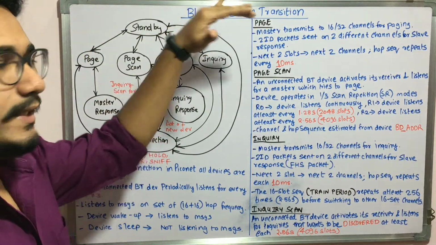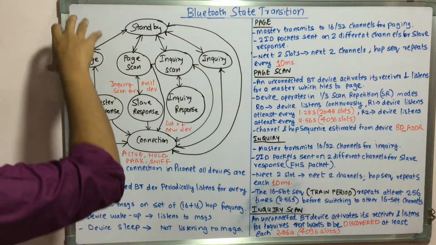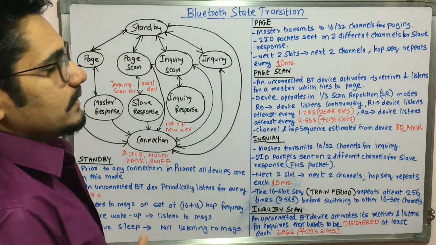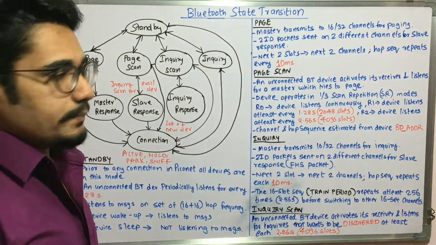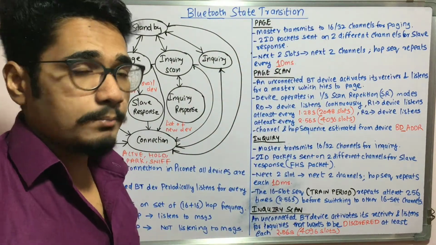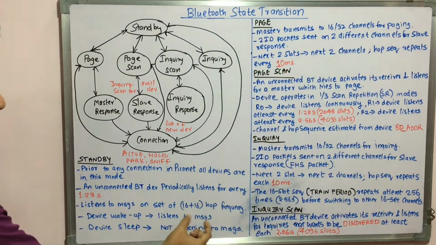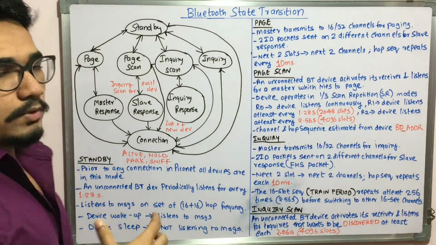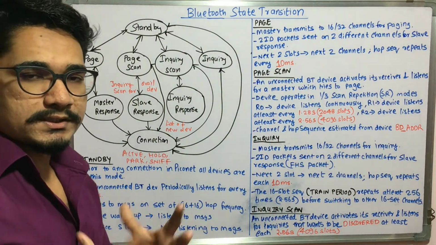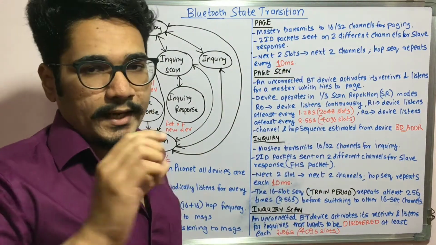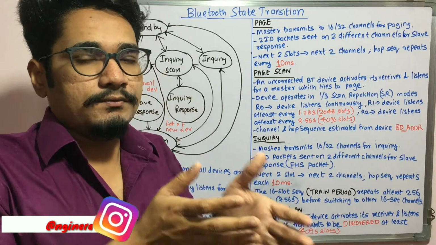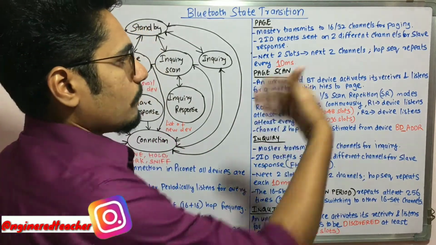Next it goes to the page mode. This is necessarily done at the master side. The master transmits 16 out of those available 32 channels for paging. 32 is the default number of channels for any Bluetooth device, and at first it uses the first 16 out of those 32 channels for paging.